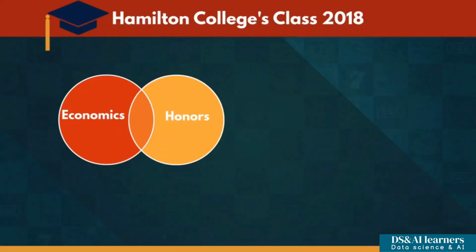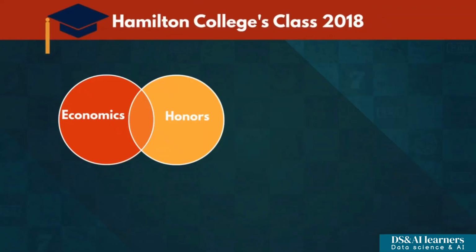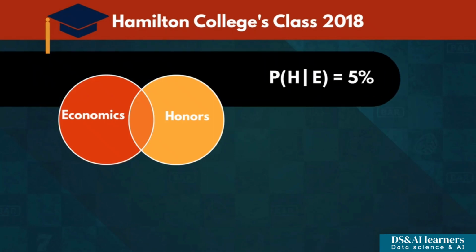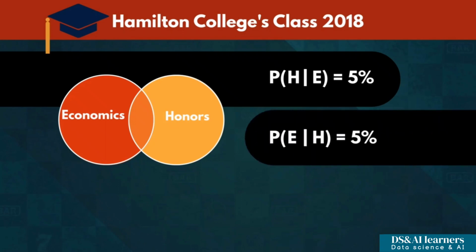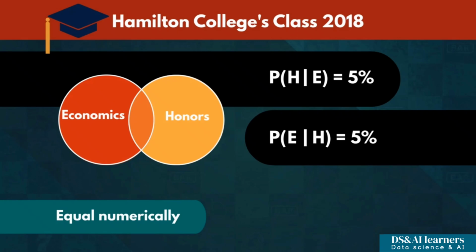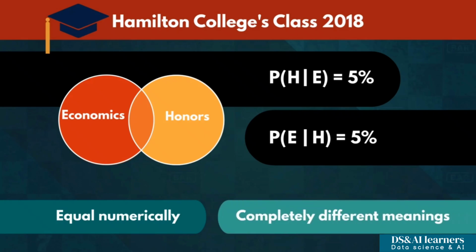For instance, let's explore the characteristics of Hamilton College's class of 2018. 5% of the students who got a degree in economics graduated with honors. At the same time, 5% of all students who graduated with honors completed a concentration in economics. These two statements might have the same conditional probability, but they hold completely different meanings.